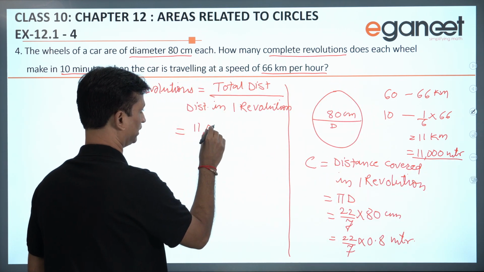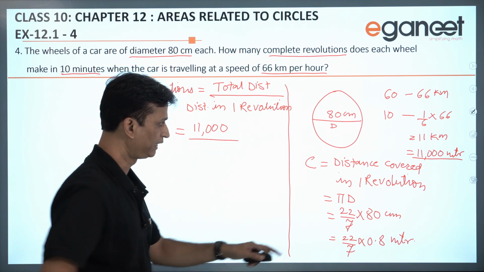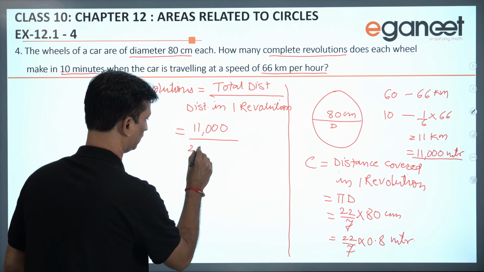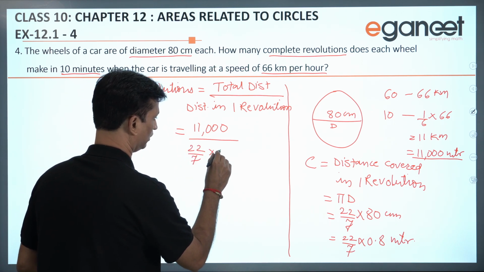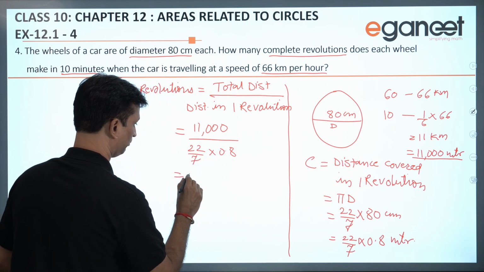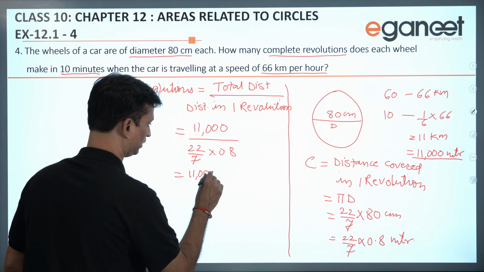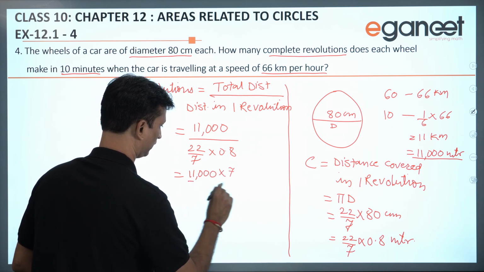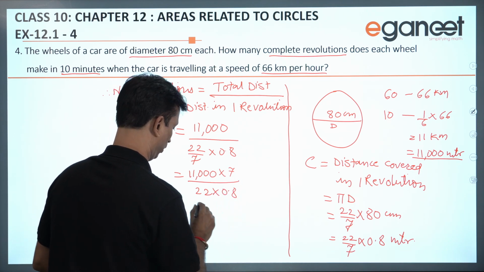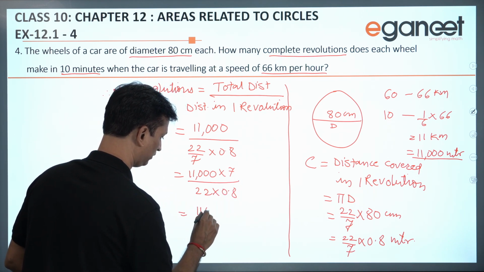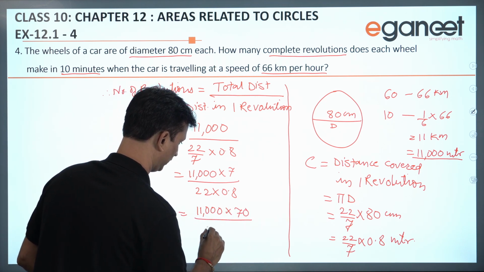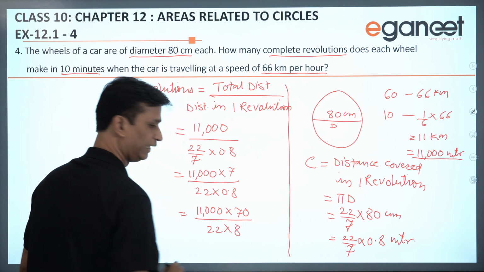So this will be 11,000 divided by what is the distance covered in one revolution? That is 22/7 into 0.8. Okay, and on solving this will be 11,000 into 7 upon 22 into 0.8, or we can say this will be 11,000 into 70 upon 22 into 8.